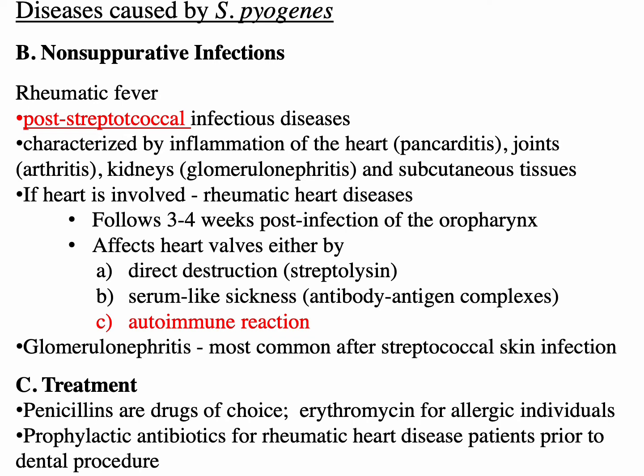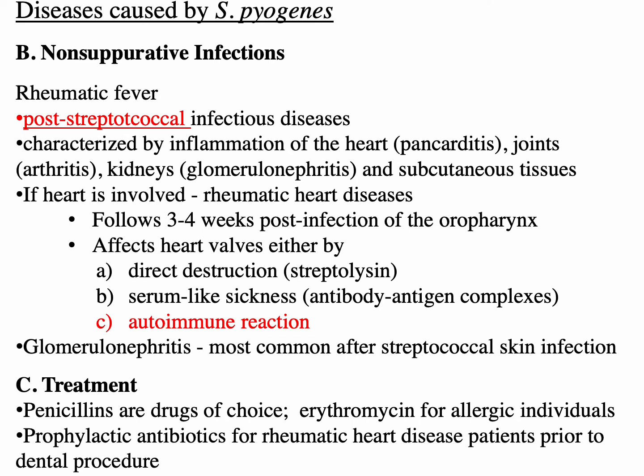Then your body tries to get rid of that and repair, as the antibody binds to your own tissue, and that leads to damage to that tissue. That autoimmune reaction is what most people believe is the cause, the reason behind the post-streptococcal disease, in other words, rheumatic fever.